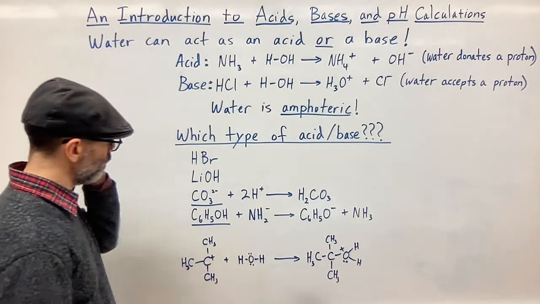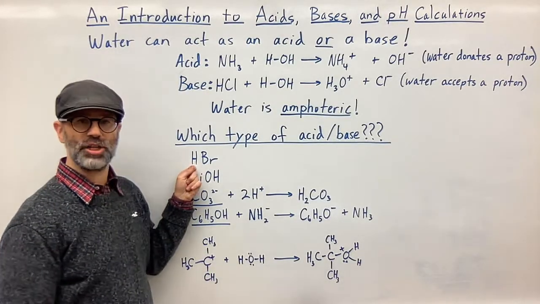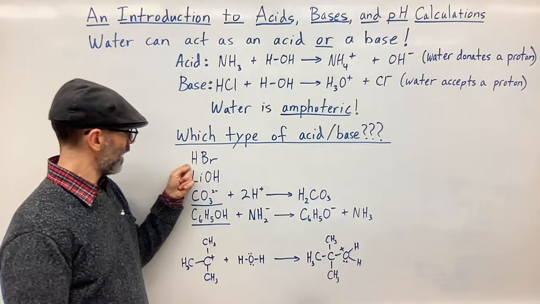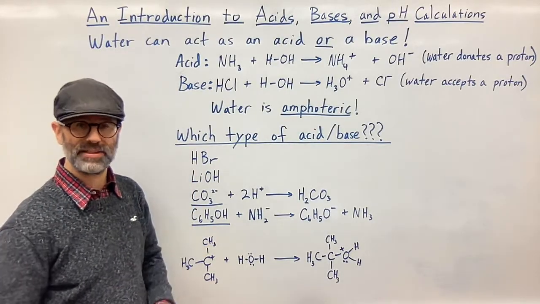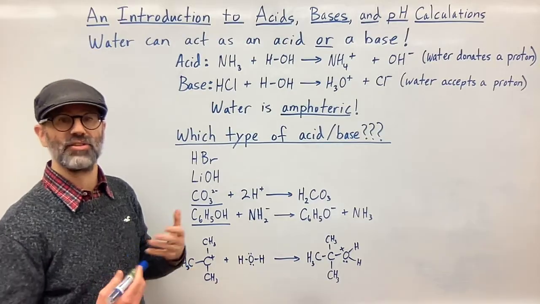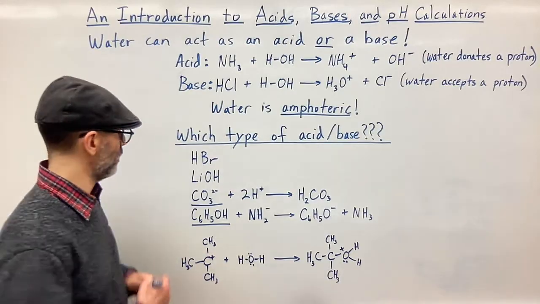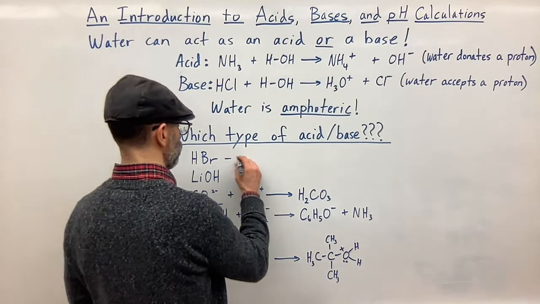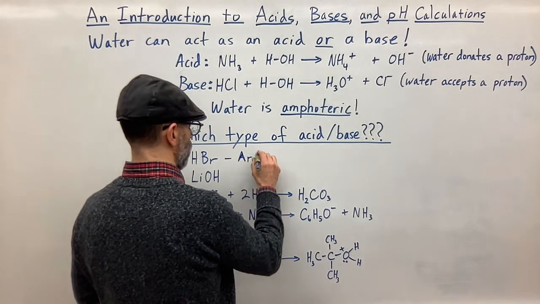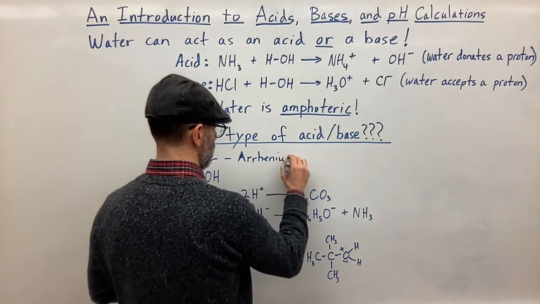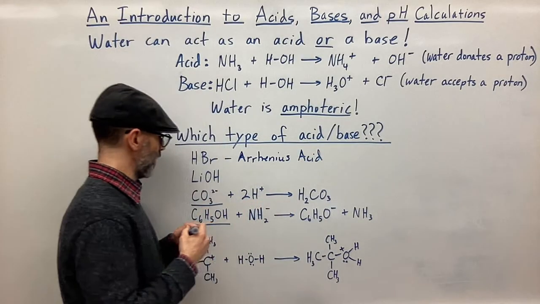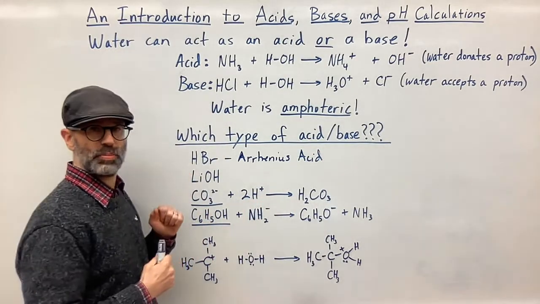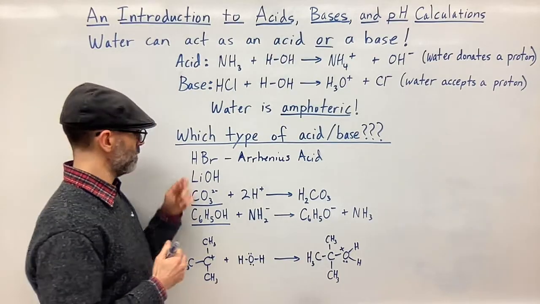So the first thing here, you notice it has a hydrogen in it. And so that's going to be the giveaway that this is an acid of the Arrhenius kind. So this would be your Arrhenius acid because it can produce an H plus from the formula.